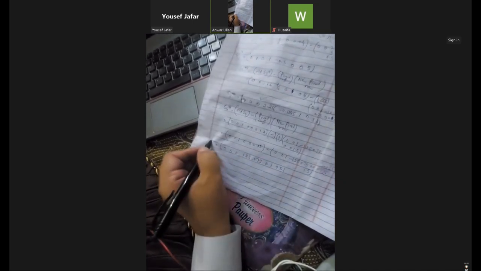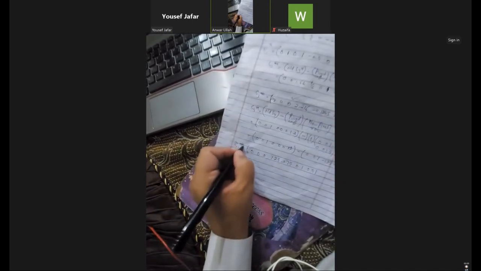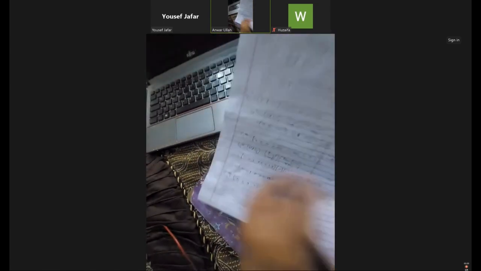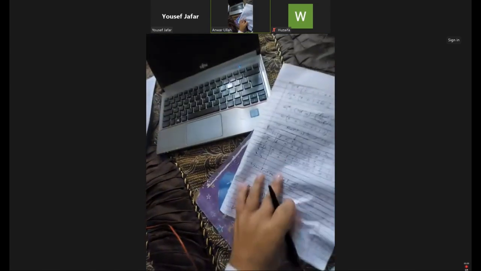So we update this S4 row into the table, and we get 0 0 0 1.25, minus 0.75, 0 1 and 0.5.